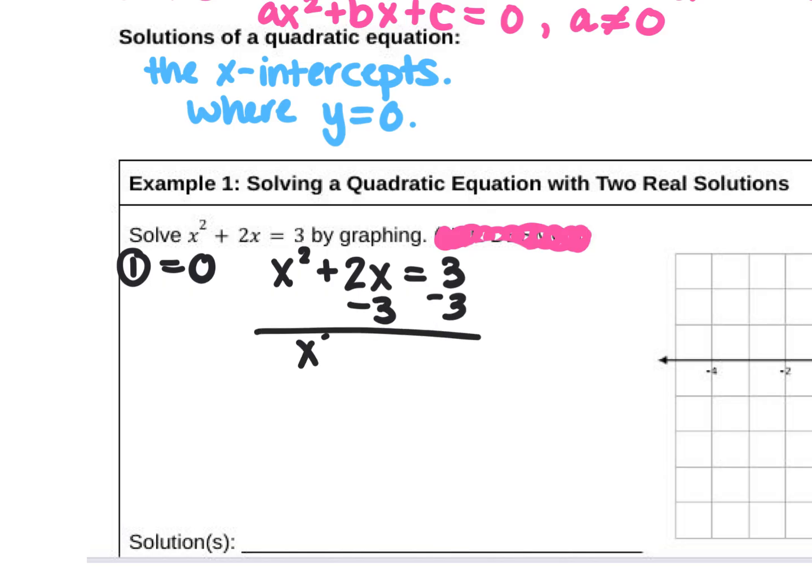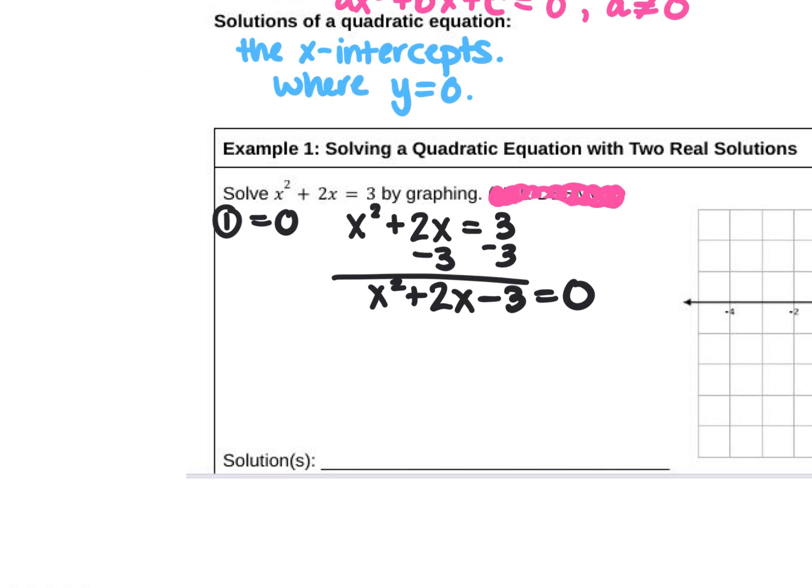So we did this. Then what we did is we got that vertex on there. So first, we found the axis of symmetry, then we found the vertex.